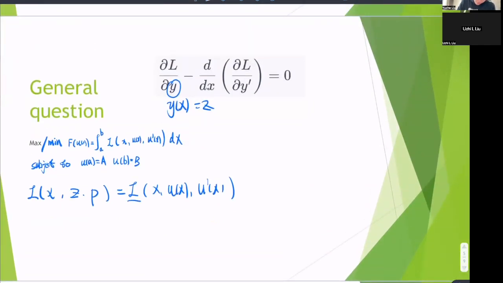Now we have our function L, and we have to take a derivative with respect to z, which is taking partials of the function, minus d/dx times L_p, and L_p just represents taking the derivative with respect to y prime here.